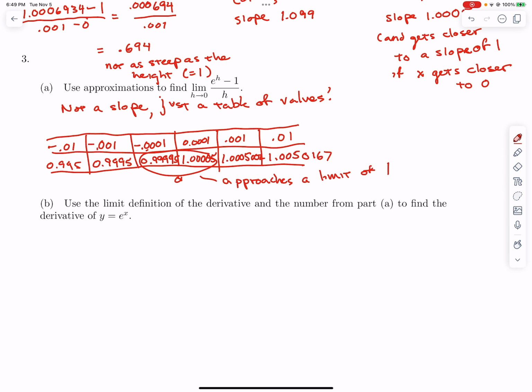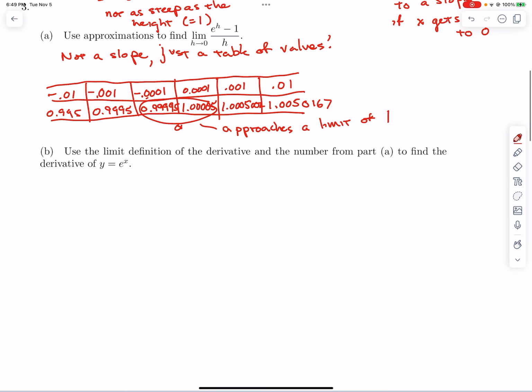Okay, so let's take a look at the limit definition of the derivative. f of x is e to the x, so we have e to the x plus h minus e to the x all over h. How on earth do you simplify that?